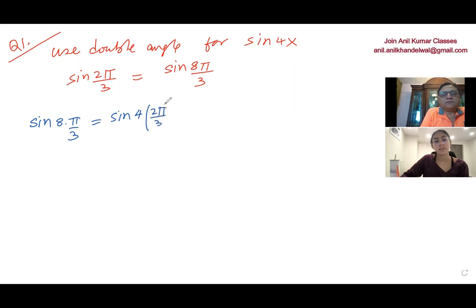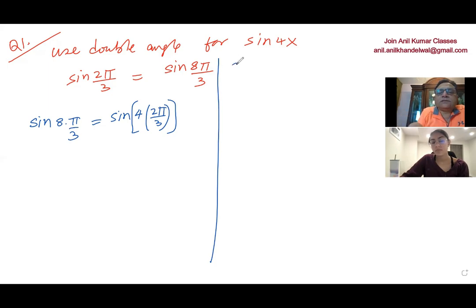Does that make sense? Let me write it like this. Now they are saying use the double angle formula to show that these two are the same. So let's use the double angle formula for sine 4x and see what we get.